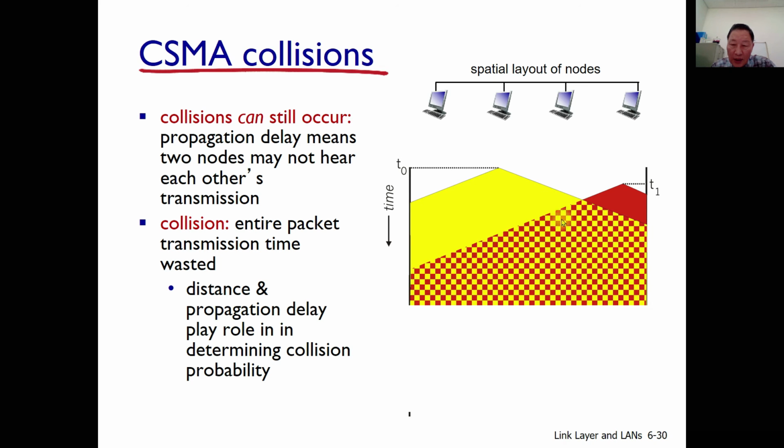This is the signal after collision. If a collision happens, then the entire packet transmission time is wasted, so the transmission should be aborted as soon as possible. Distance and propagation delay play a role in determining collision probability.